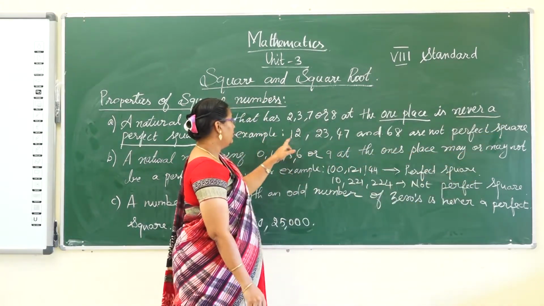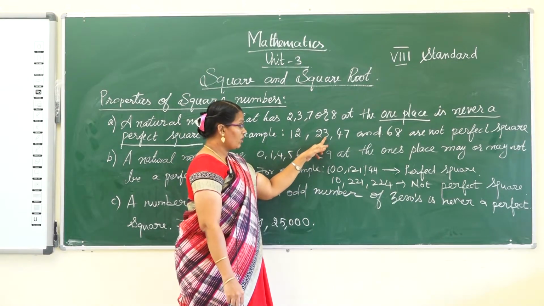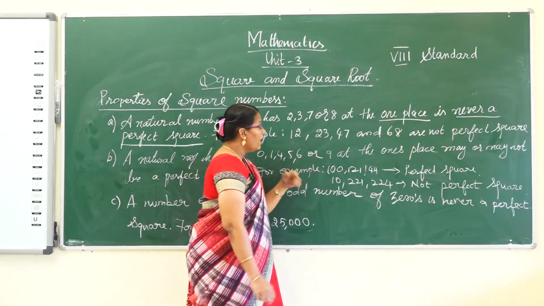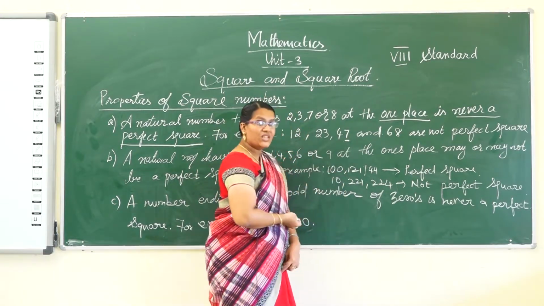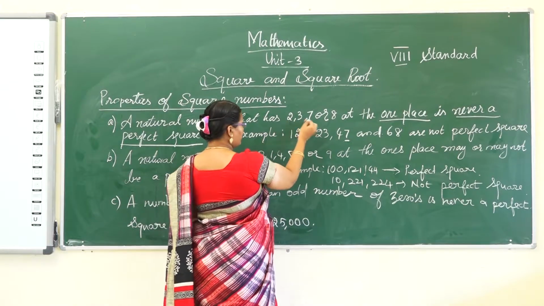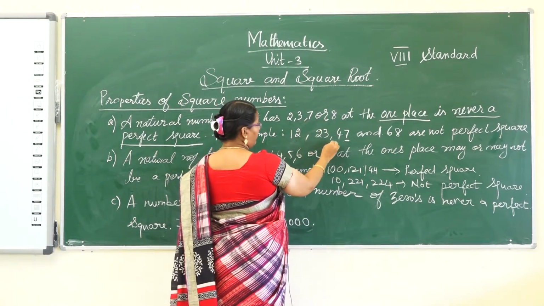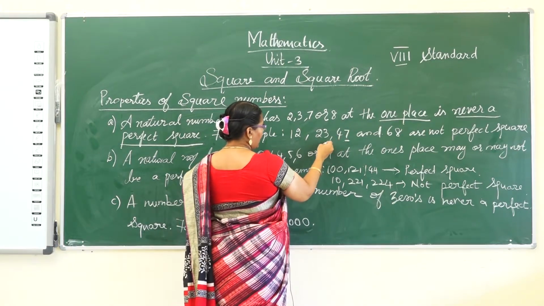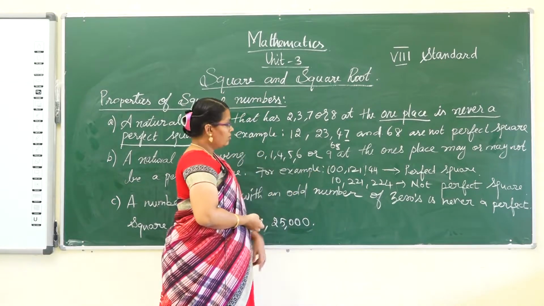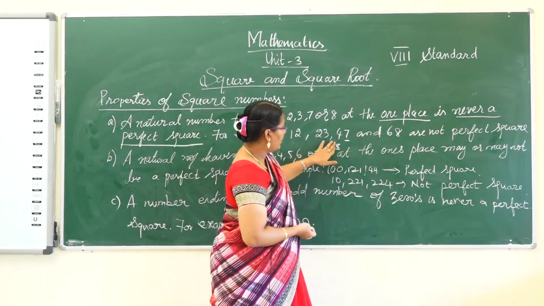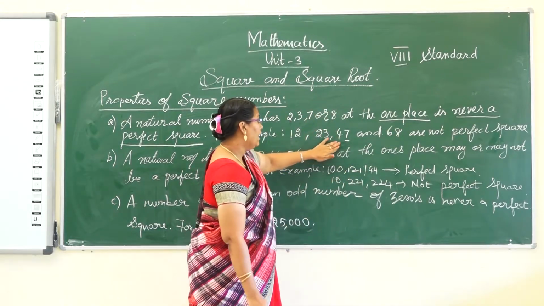For example, 12 is not a perfect square. 23, the ones place is 3, so it's not a perfect square. 47, here also the ones place value is 7. And 68 ends with 8. These are not perfect squares.